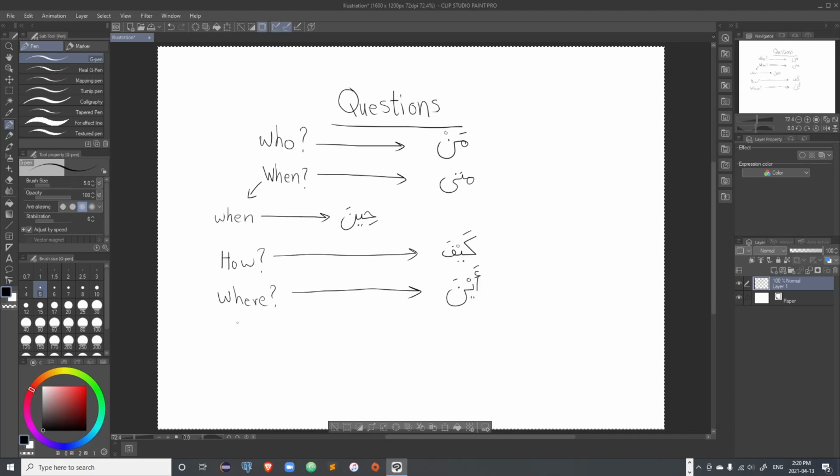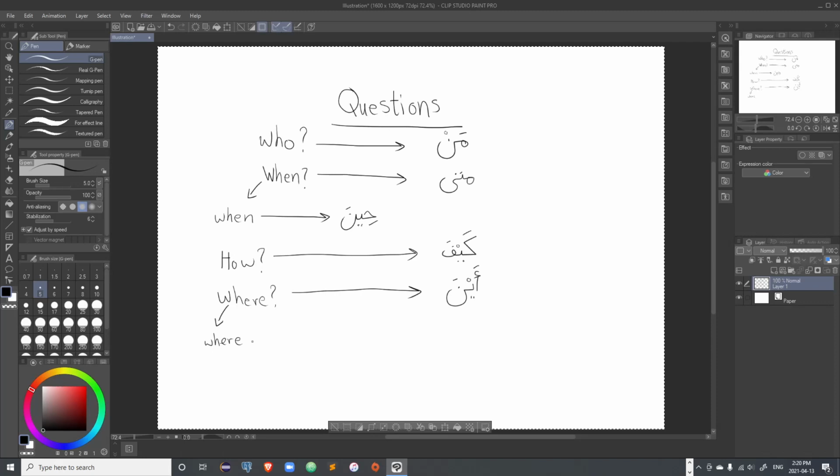What if where is used as a statement rather than an inquisition or a query? For example, where can I find this? And the answer would be where the two tables collide, as an example. That also has a different word in Arabic.